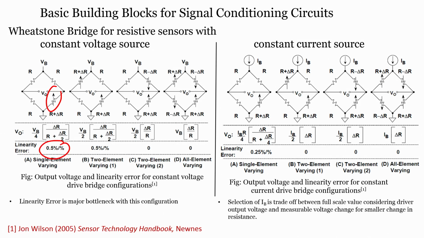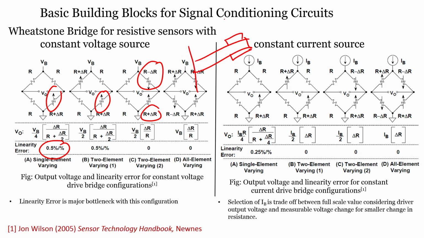You can also see further that if I have two resistors which are potential dividers, then I will have my output voltage as VB by 2 into delta R by R plus delta R by 2. Similarly, if I use this particular configuration, when one resistor is increasing in resistance, the second resistor will be decreasing in resistance. This will be the case of a cantilever beam where you have one piezoresistor at the bottom and one at the top.